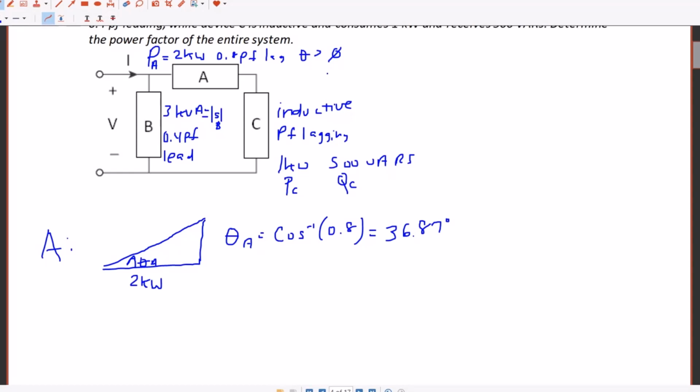So then if I want QA, if this is PA and I want QA, that's the tangent, right? So Q over P equals the tangent of theta A. So QA equals PA times the tangent of theta A. Okay. So that means 2,000 times the tangent of 36.87.